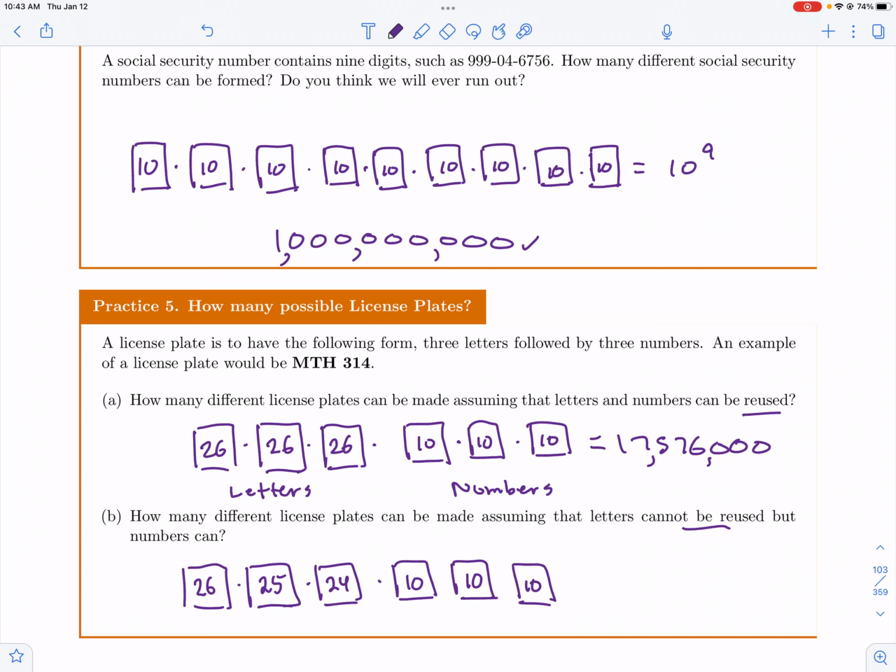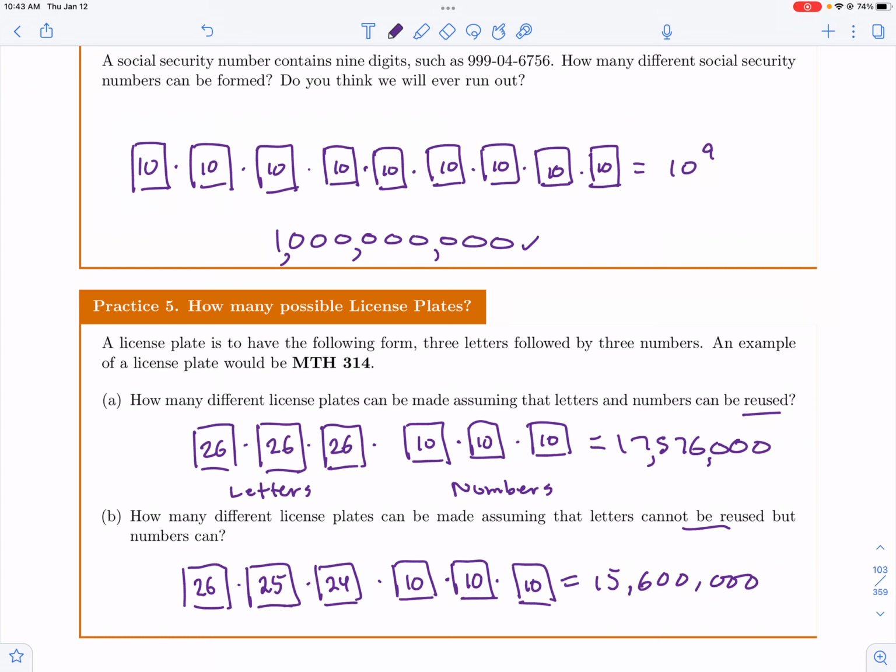Again, using our fundamental counting principle, we multiply these together, and now we went from 17 million down to 15,600,000.